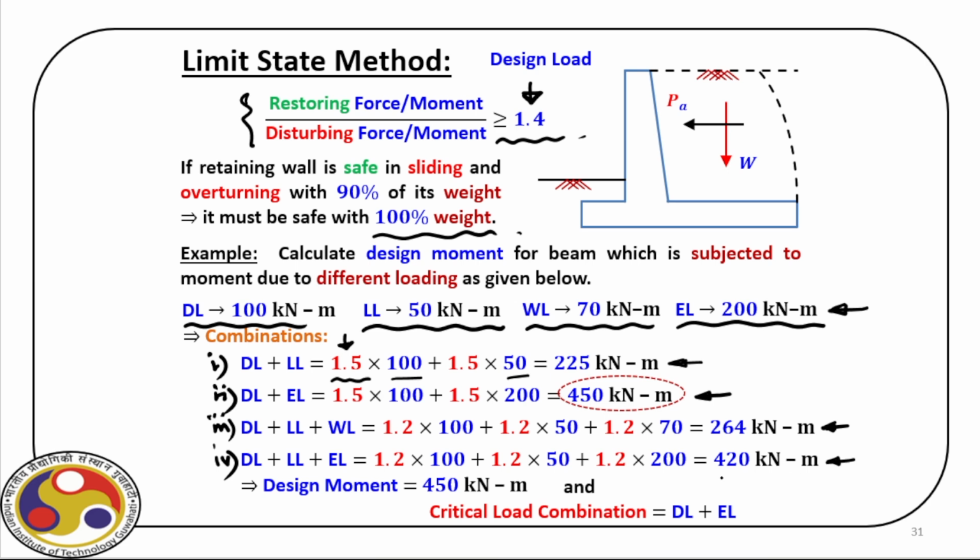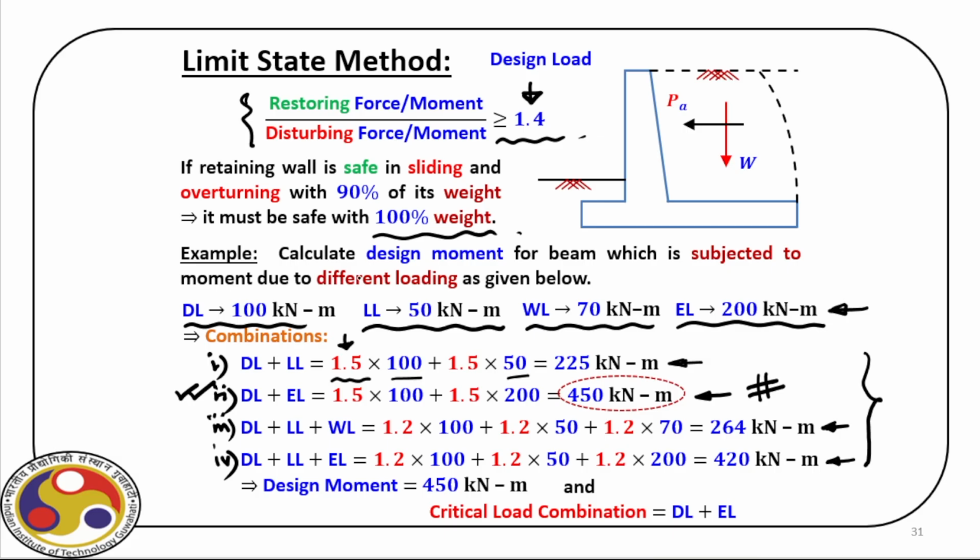Just by looking at these values, you can see that out of all these 4 different load cases, the second load case, which is dead load plus earthquake load, is offering us the maximum value of bending moment for this beam. Therefore, in our design, we have to find the capacity against this requirement. If we design the beam, we have to design it against this value.